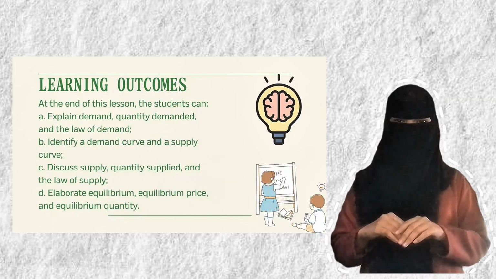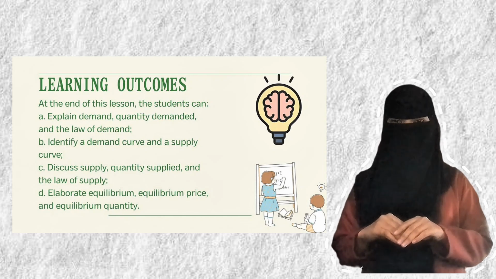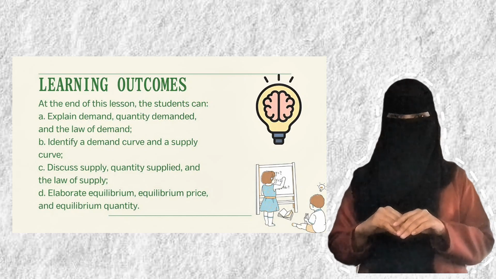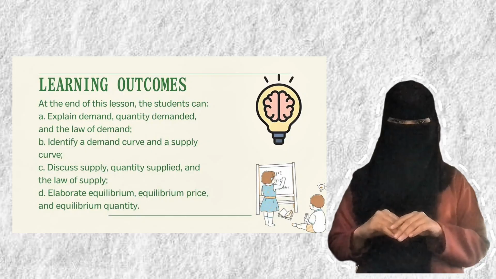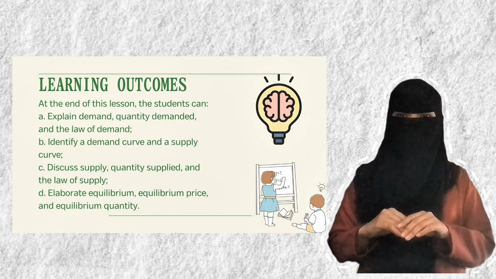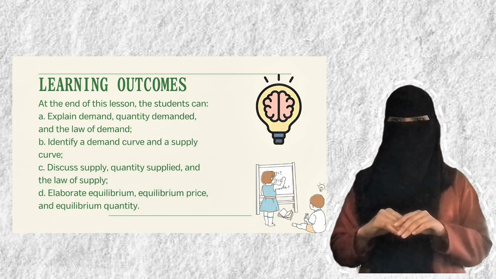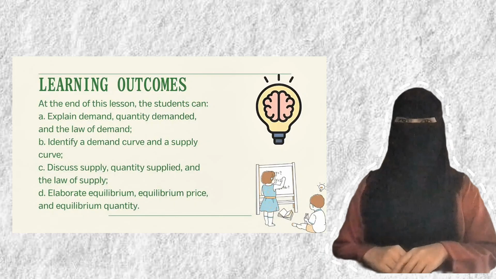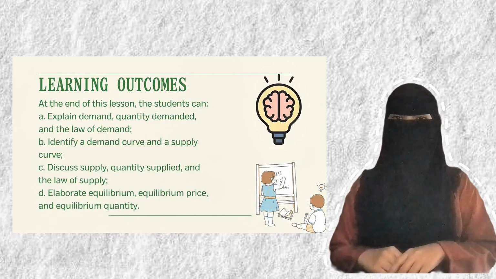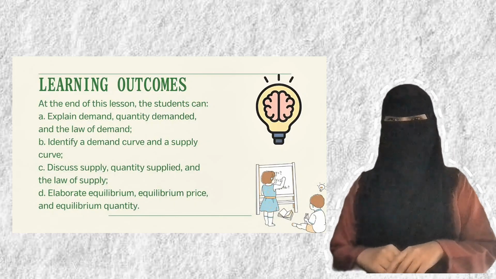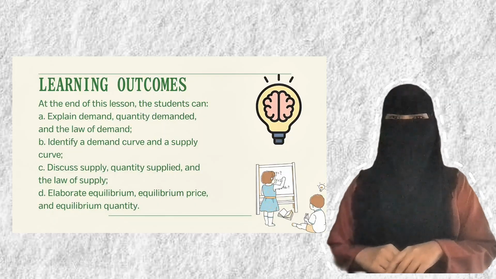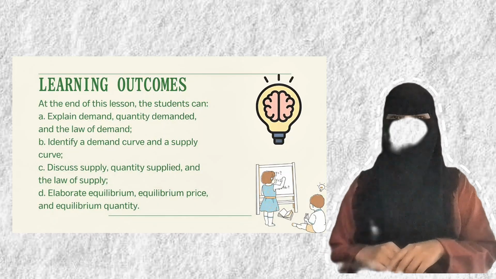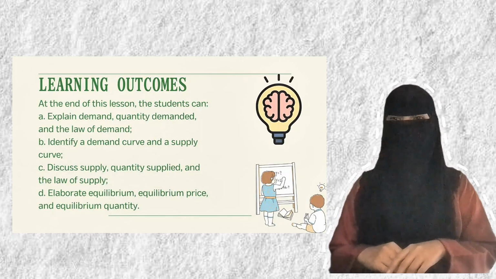B. Identify demand curve and supply curve. And C. Discuss supply, quantity supplied, and the law of supply. Letter D. Elaborate equilibrium price and equilibrium quantity. And letter E. Make a graph on equilibrium, quantity supply, and quantity demand.